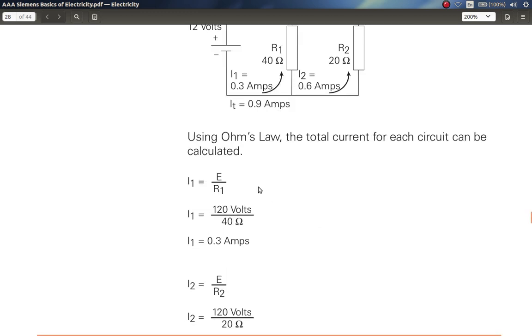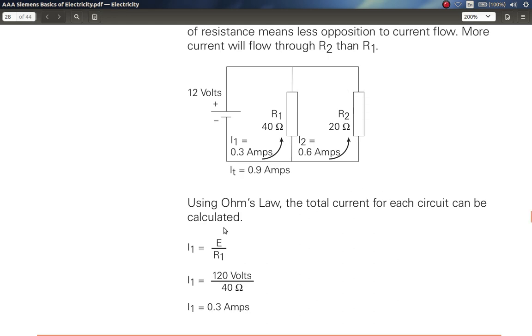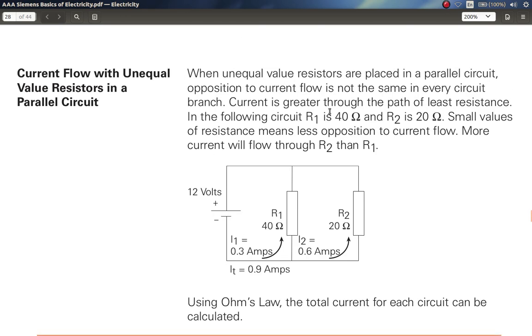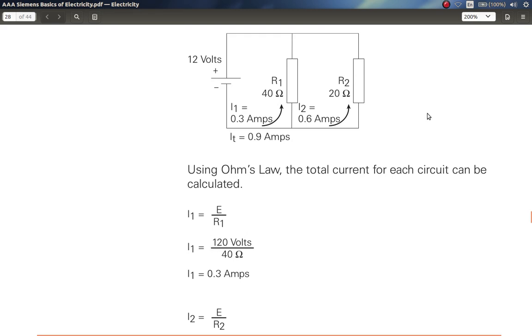Here they say using Ohm's law, the total current for each circuit can be calculated. You have 120 volts written here, but it should be 12 volts. Their mistake. So the current is volts over resistance, 12 volts over 40, which is 0.3 amps.